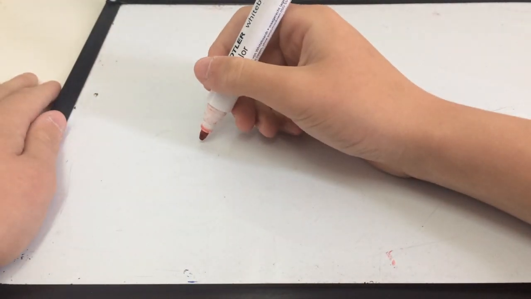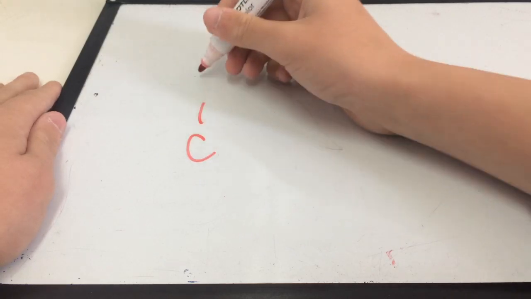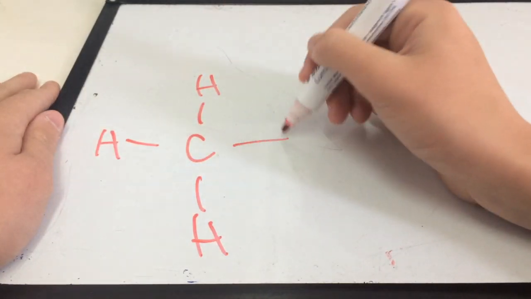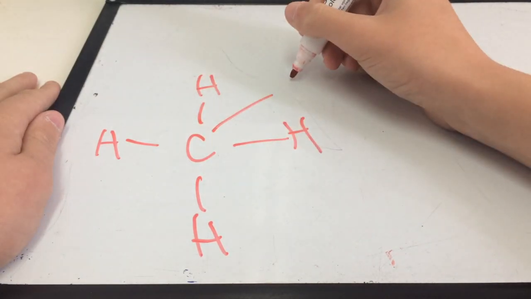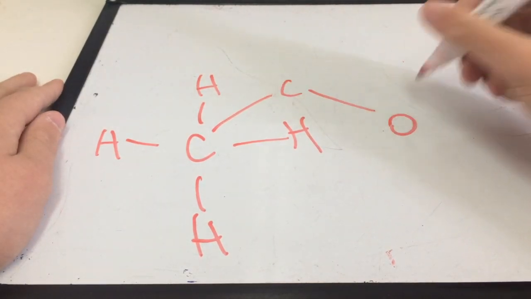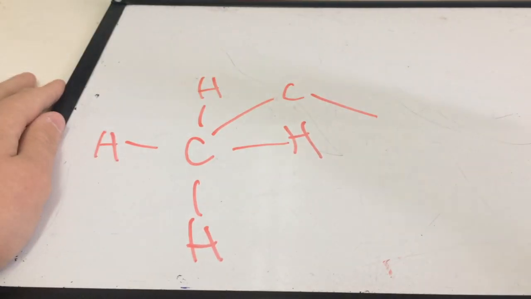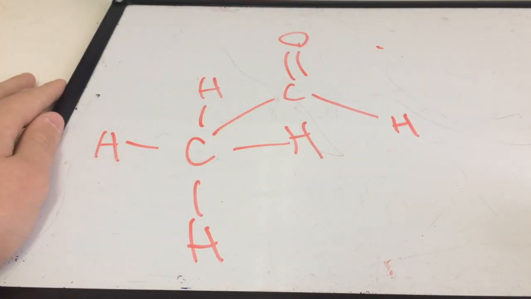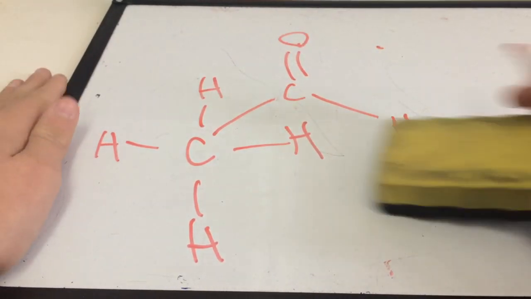So for example, I could just have, say, methane here, CH4, and I can do this. So that's a carbon. That's a hydrogen. Boom, we've just connected two to make a functional group. But basically, don't worry about that too much.